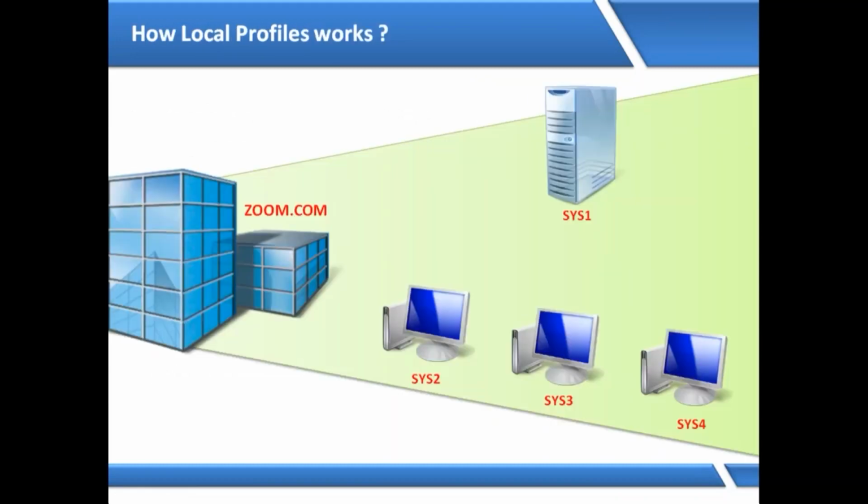So yesterday, the user U1 was sitting here, and he created the data here. Now today, he got this other machine. Yesterday he wrote something on his desktop on the first machine.